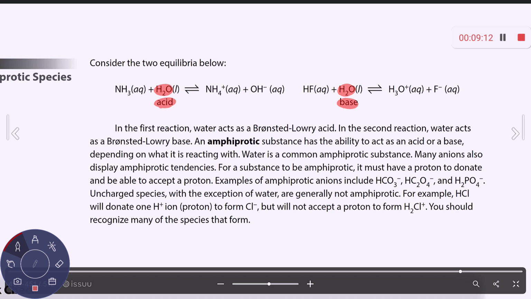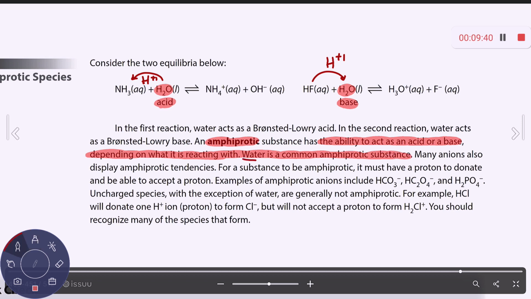So that means here, water is giving a hydrogen to something else, because according to Bronsted-Lowry, it donates hydrogen. And over here, water is actually accepting a hydrogen from something else. Okay? So amphiprotic means it has the ability to act as an acid or a base, depending upon what it's reacting with. Water is a common amphiprotic substance.